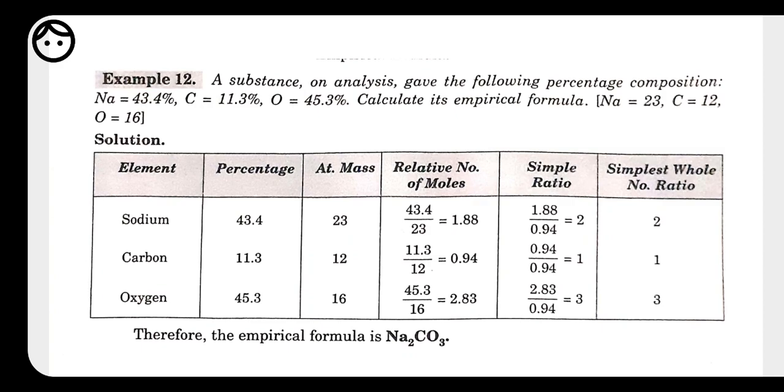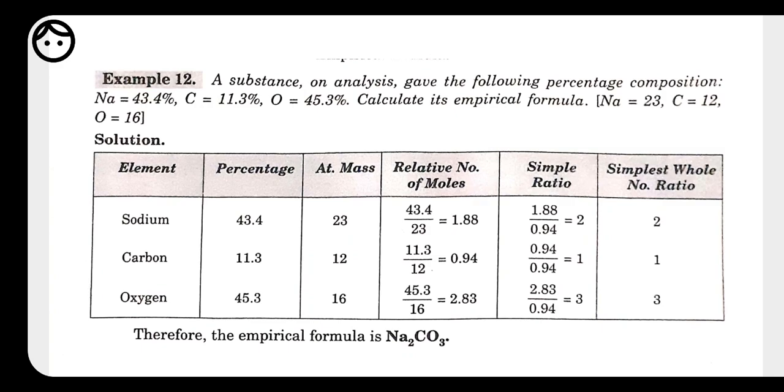After getting the number of moles, in the fifth column we have to take out the simple ratio. How do we get the simple ratio? We take the smallest number. Out of these three, the smallest number is 0.94, so we divide all the numbers by 0.94. 1.88 divided by 0.94, 0.94 divided by itself, and 2.83 divided by 0.94.